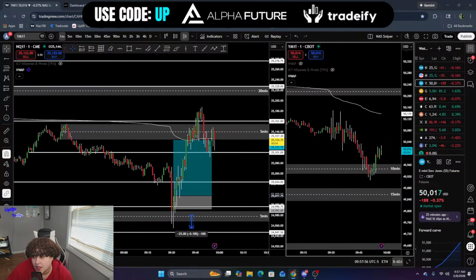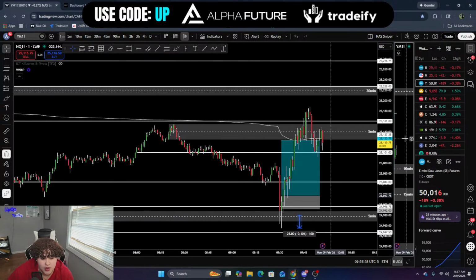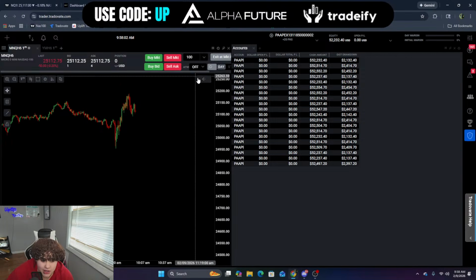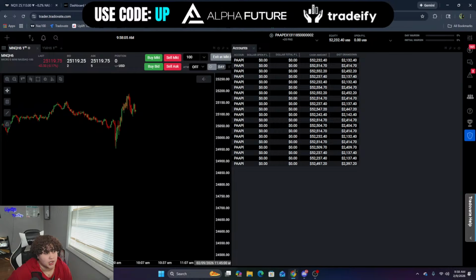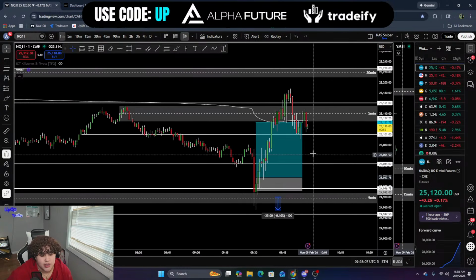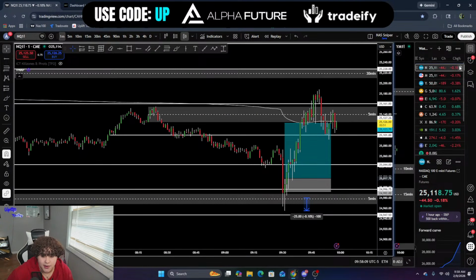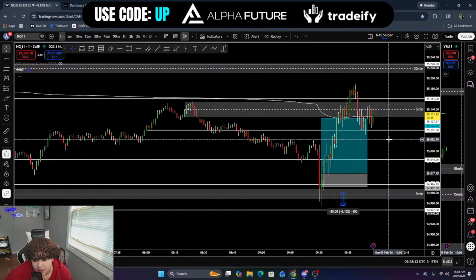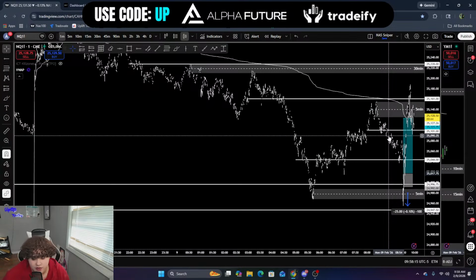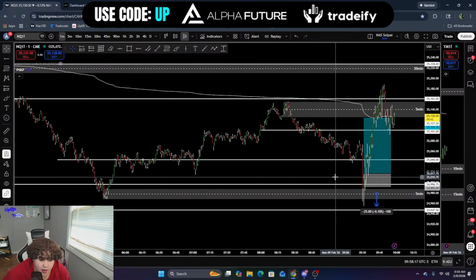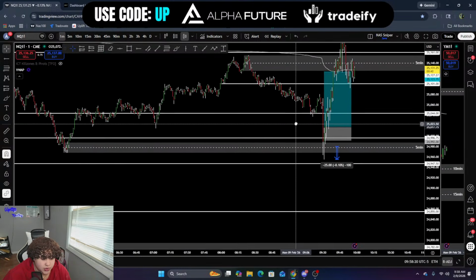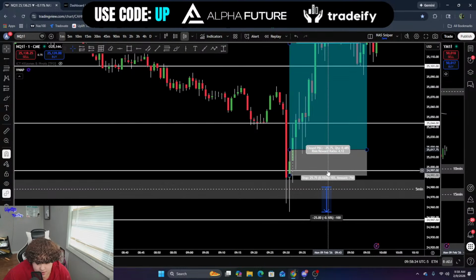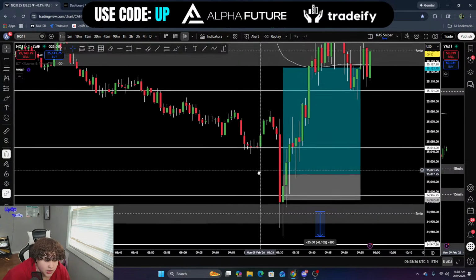Did I take this trade? No, because my accounts weren't ready to trade. Now they are, but earlier they weren't ready, so I wasn't looking for a trade. I also didn't like the setup, so I'm not sure I actually would have taken this trade. But yeah, I did call it out. I said, boom, we're rejecting this 5 minute demand zone here. And then I said on the break of structure here, I would go long.